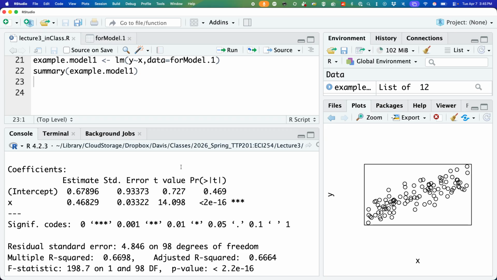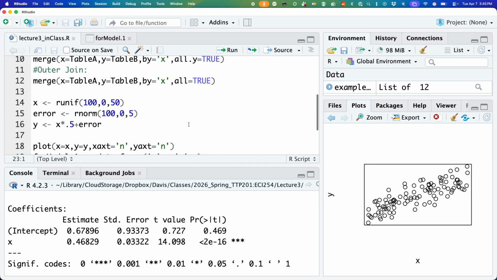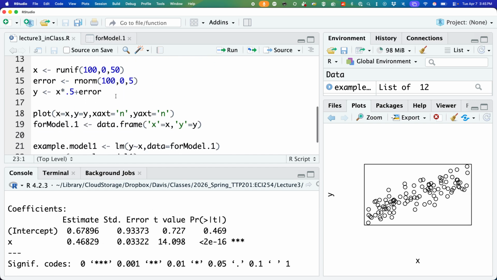Okay. How does that square up with what we know the true value of the intercept to be? Normally we wouldn't know, but since I'm playing God here, what is our intercept value? 0, right? I didn't specify an intercept, so it's just 0.